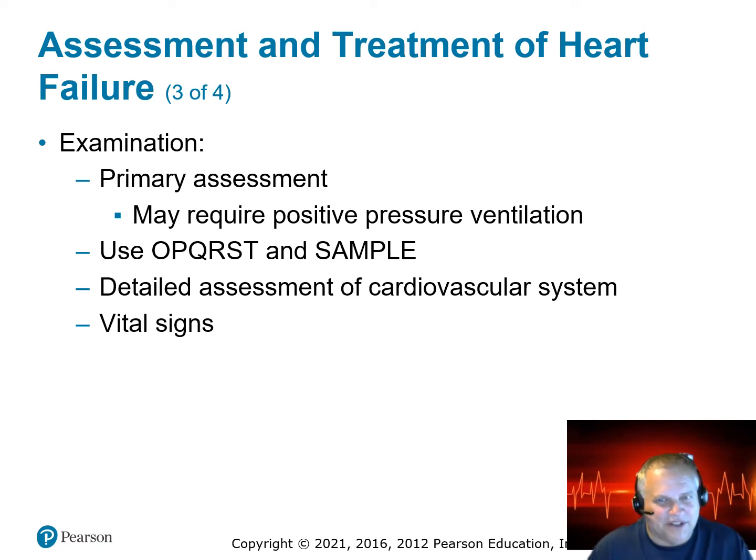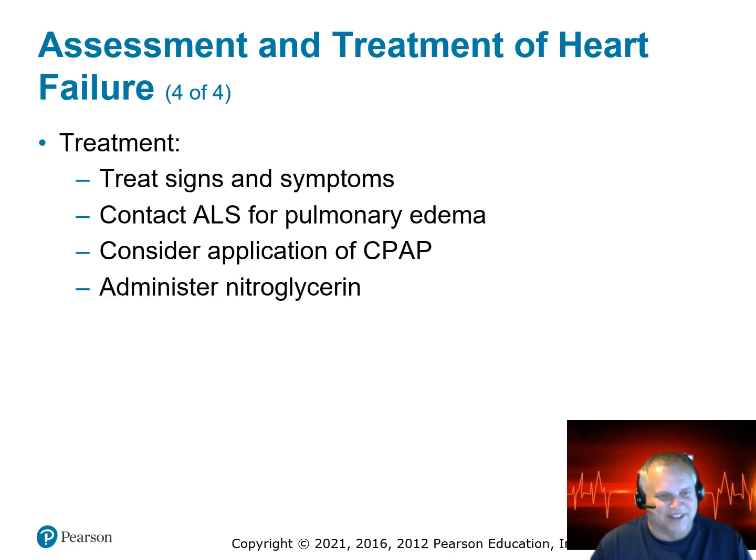So for your treatment, you're going to have your primary assessment, may need ventilation, use your OPQRST and SAMPLE, get a good history of the cardiovascular system, and take multiple sets of vital signs. That's going to give you some trending, really good to help you function there. Treat whatever findings you have. Call ALS.